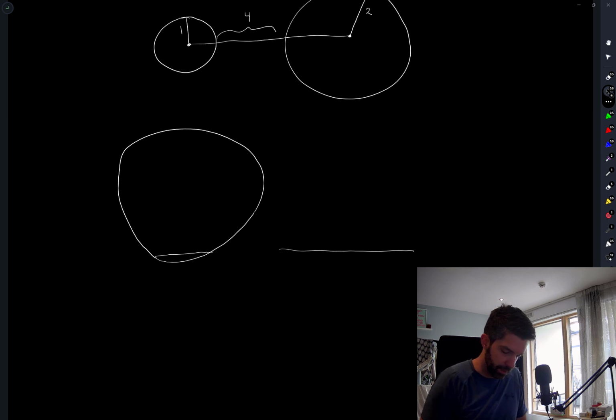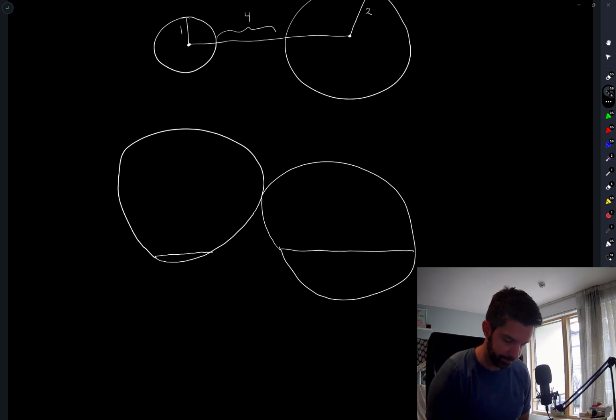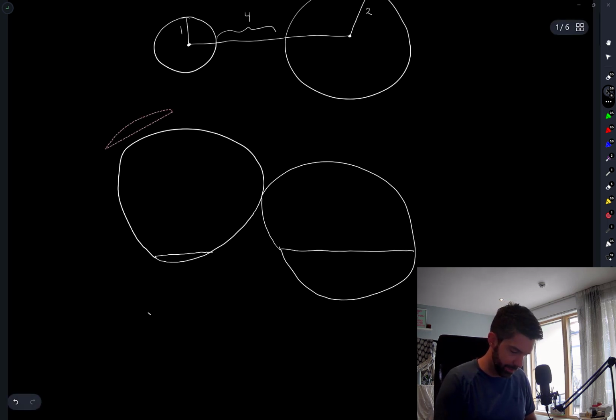This is a terrible drawing. And this one will fall down lower into the hole. How about instead I do this?